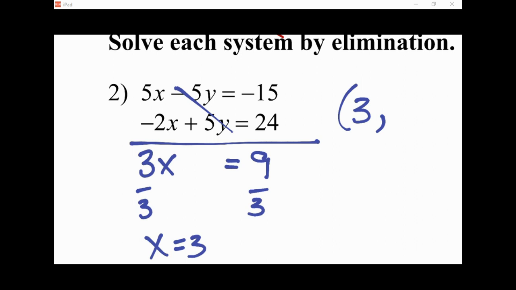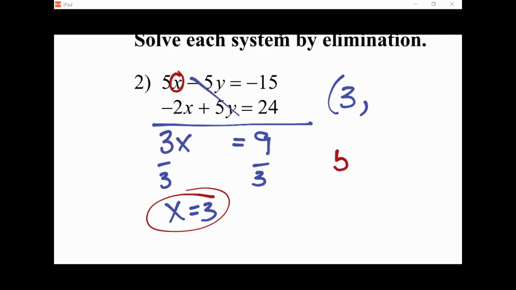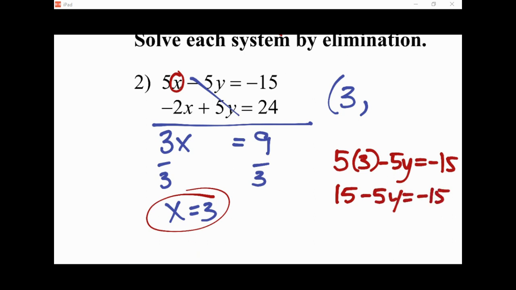To find y, I have to plug in what I got into either equation. It doesn't really matter. But so I've got 5 times 3 minus 5y equals -15. So 15 minus 5y equals -15.